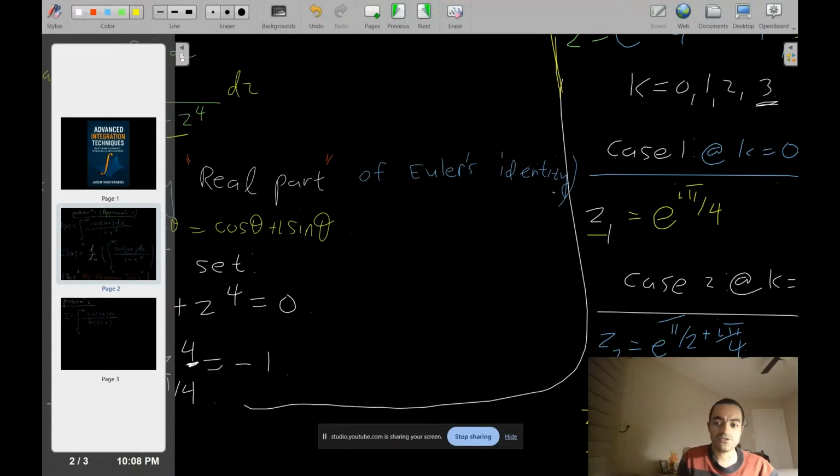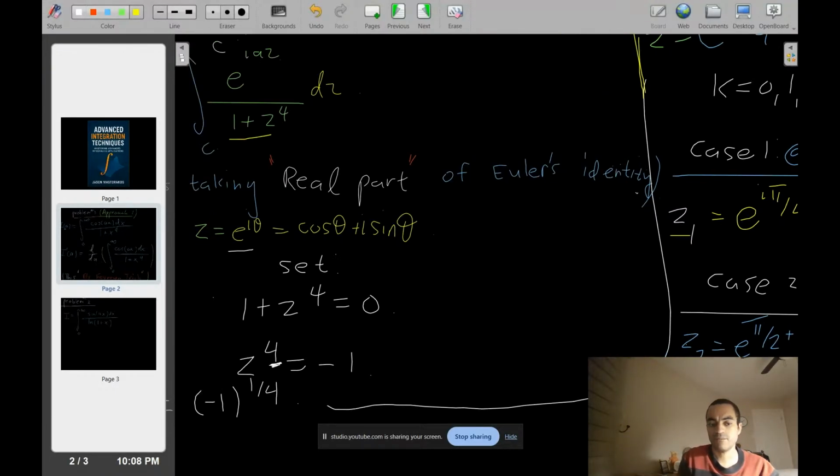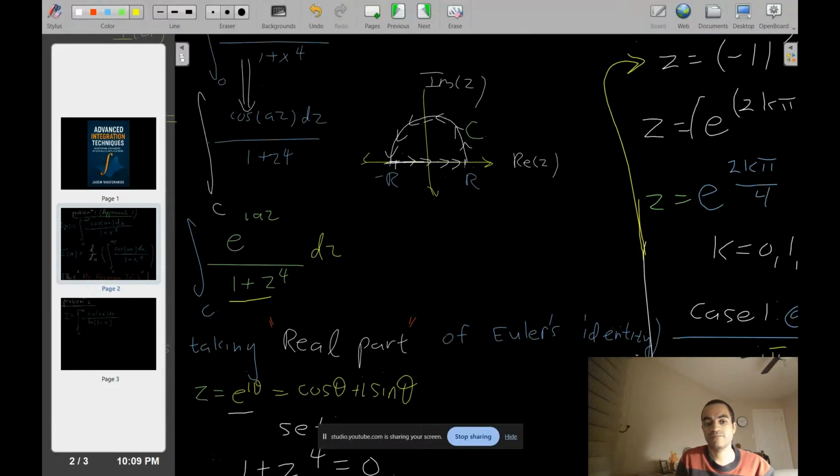Once you have the singularities, use the residue calculation for the poles. It's explained in one of my videos. Then apply the residue formula, 2 pi i times the summation of all the residues of each singularity, and then you'll be able to calculate the integral.